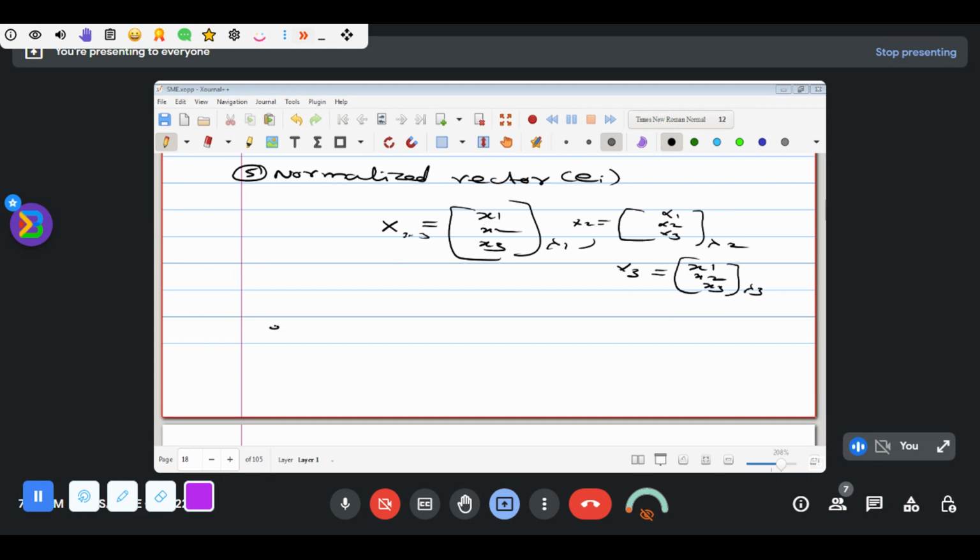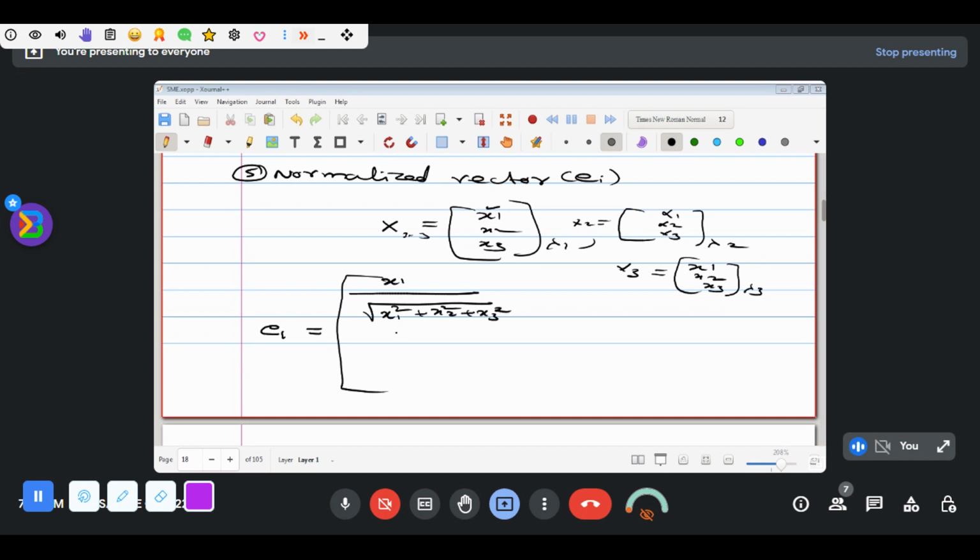You separately find the normalized vector value E1. The first value is called E1, using the formula, very easy one: x1 divided by root of the sum of the squares, x1 squared plus x2 squared plus x3 squared.